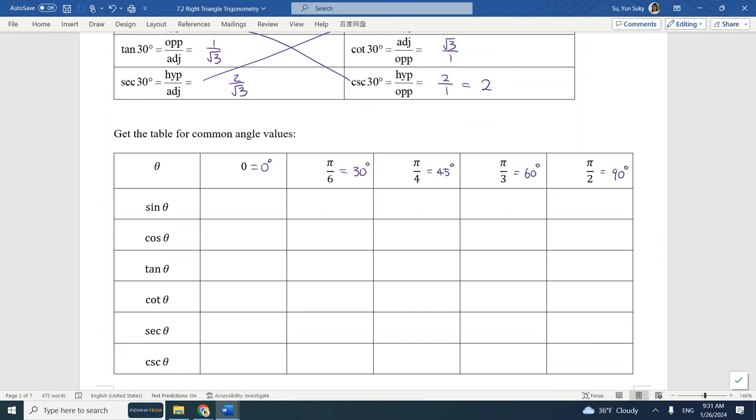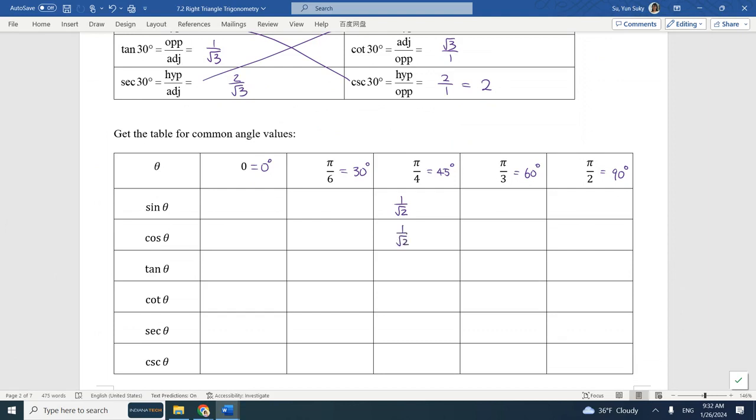Could you go back to your worksheet and tell me what is sine 45 degree? Look at your previous page. What is sine 45 degree? Yeah, 1 over square root of 2. Let's write it down. And cosine 45 degree is the same.